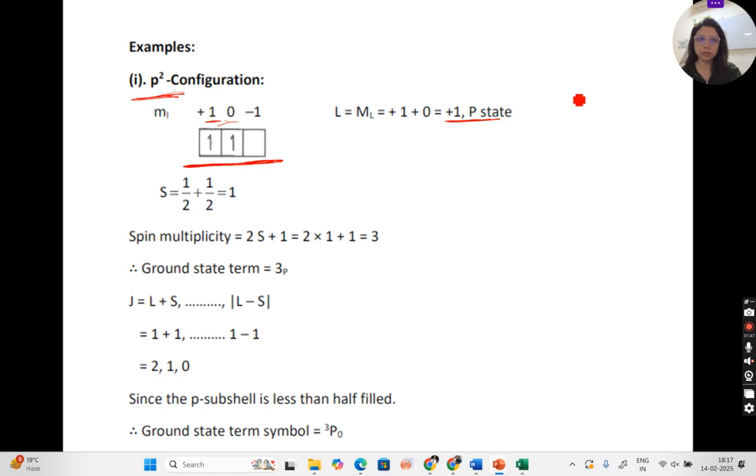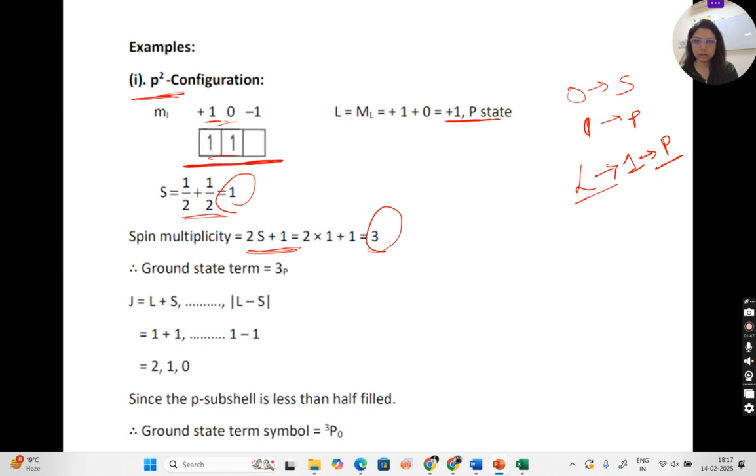According to the rule, 0 is for S and 1 for P. So we got L as 1, which gives us P. Now moving forward with the spin multiplicity, it has 2 electrons, so S is half plus half, which is 1, and 2S plus 1 becomes 3. So now we have 3 as the multiplicity and P.